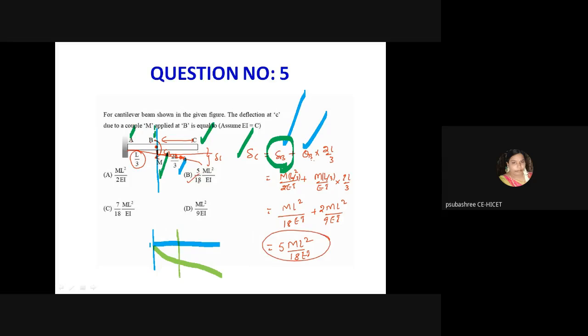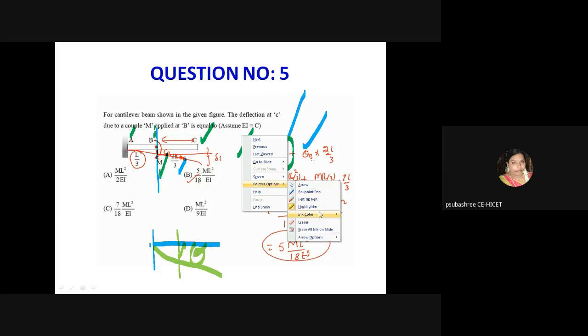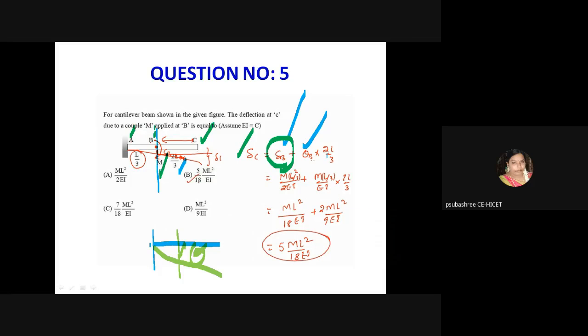This point is B. This is theta. So del C is equal to del B, the deflection at B, plus theta B. Theta B means rotation, into 2L divided by 3.